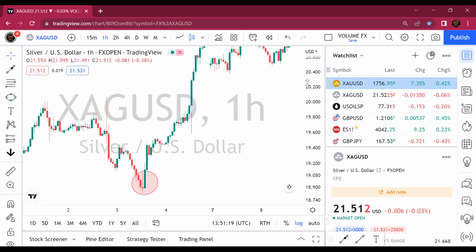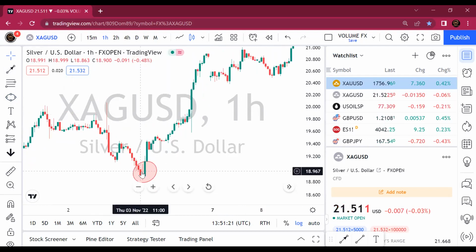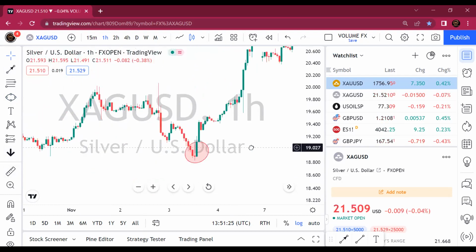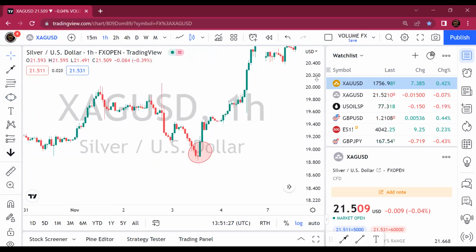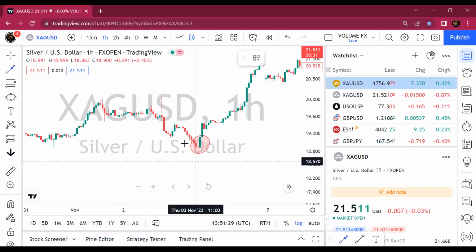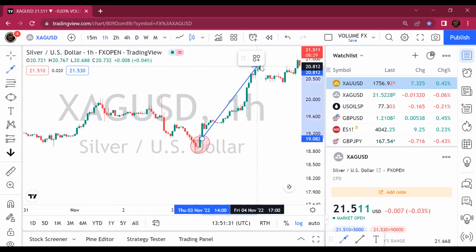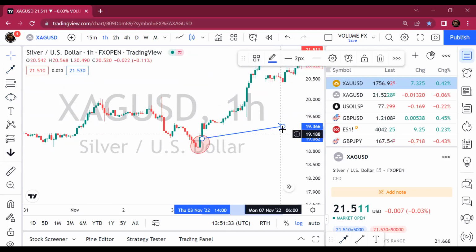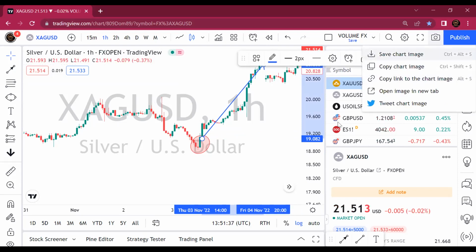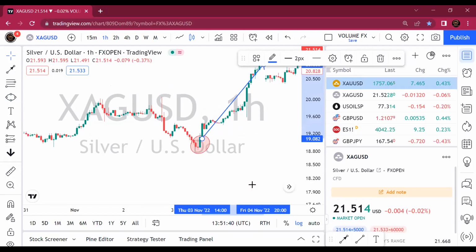This one went up tremendously, although this sell candle is not that big. It went all the way up. Whenever it goes all the way up, just come here and save. Remember, I've not yet named it, but you remember to name it.